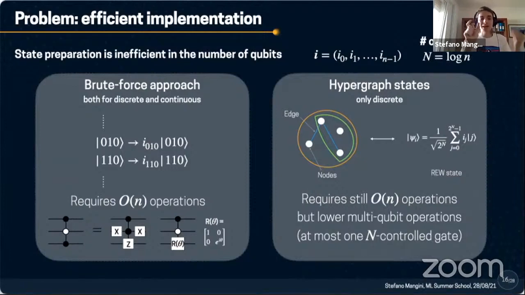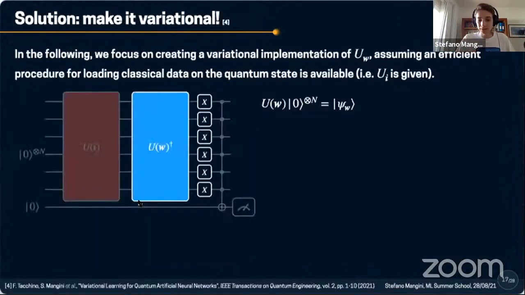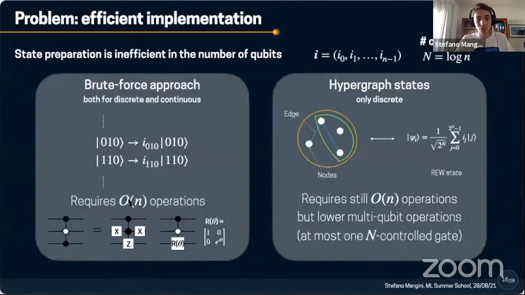You target one and you add the corresponding amplitude, the corresponding classical data, in front of it. Of course, the quantum Hilbert space grows exponentially with the number of qubits. So in order to perform this brute force approach, you need an exponential number of steps in the number of qubits. Of course, that's linear in the dimension of the input data, or the weight vector that you are trying to use.